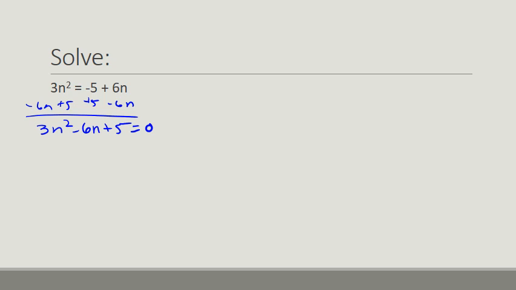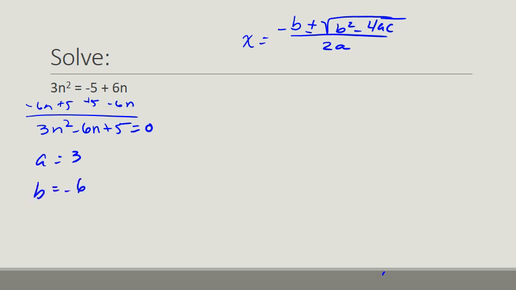You know it, you love it, you can sing it, right? So x equals negative b plus or minus the square root of b squared minus 4ac all over 2a. All right. And so we're just going to plug and chug. So a is 3, b is negative 6, and c is 5.